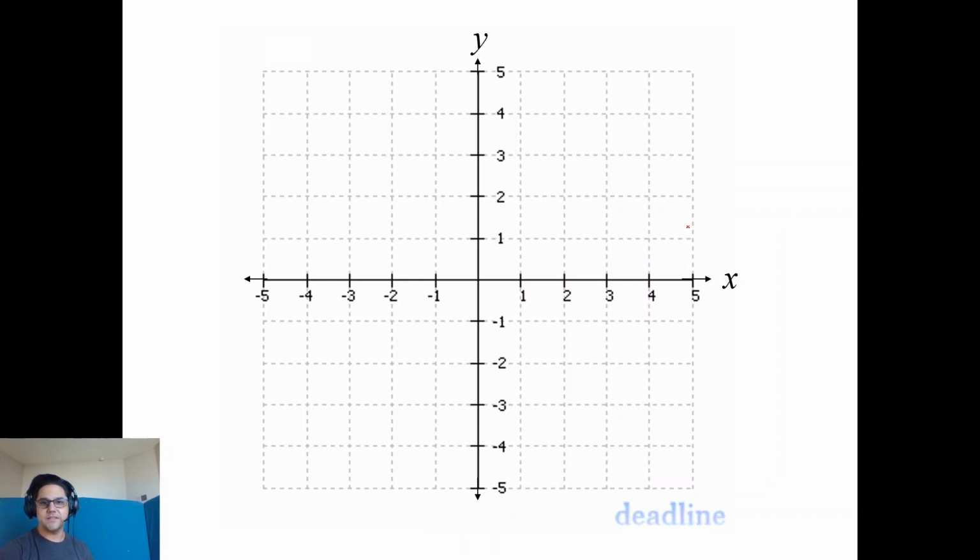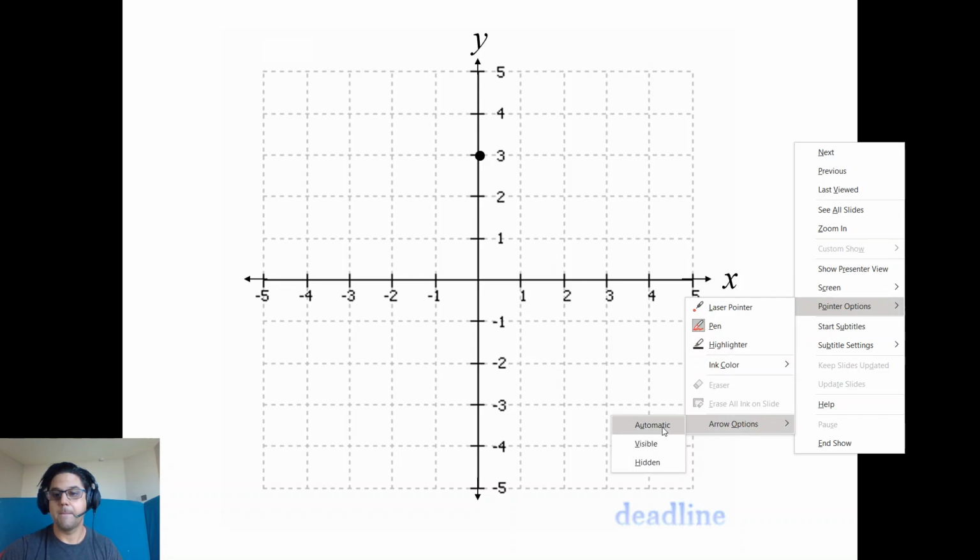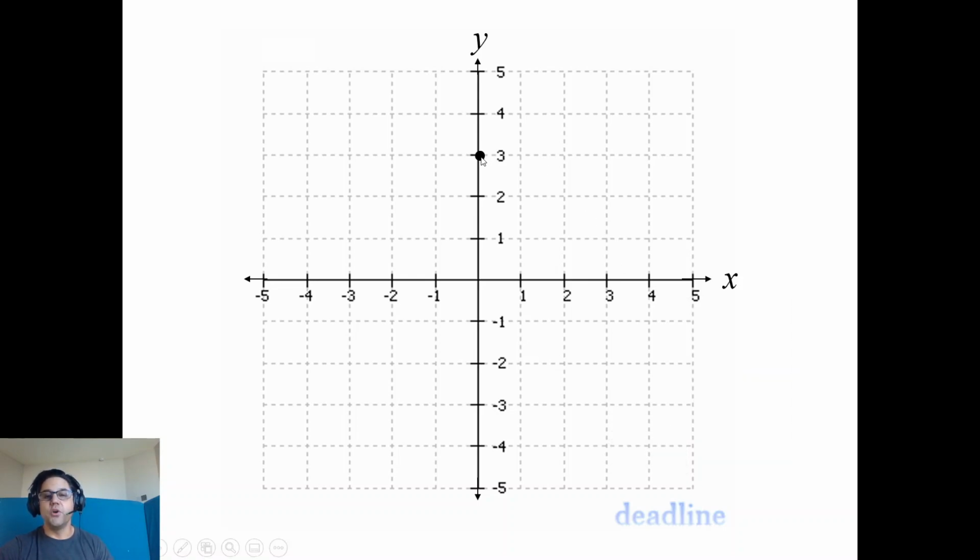On the y-axis, my starting point is 0, 3. Let me get my arrow ready. So according to the slope, it says negative 1 over 2. So my rise is negative 1, so I'm going to count down 1 box and write 1, 2.